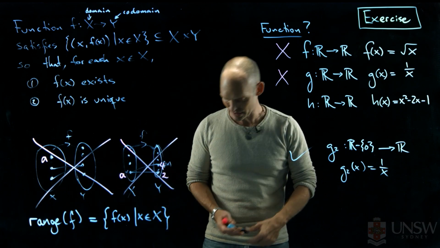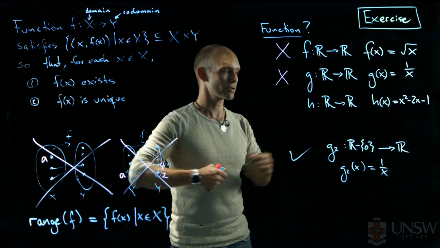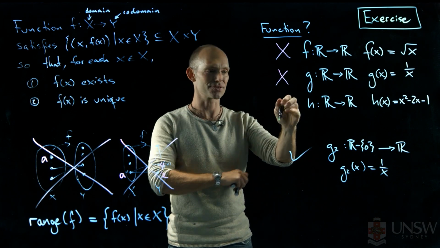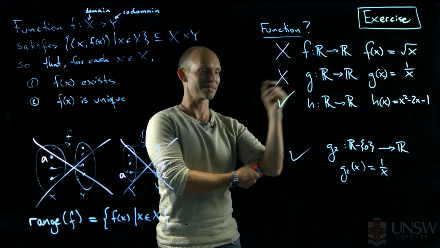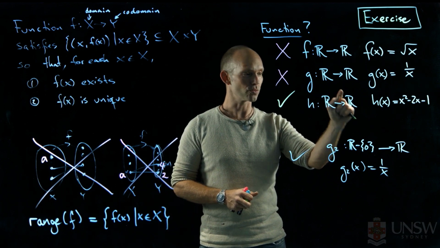Okay, so the last example here with h, we have had no, so it's about time that we have a yes. So let's guess that this is a yes, and let's double check it though. h sends real numbers into real numbers.